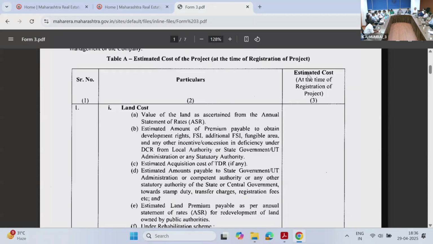Right? In most cases, ASR value and market value, whatever the purchase value, but nobody purchases land nowadays. Maybe in 1,000 cases, one may be buying land and then constructing, and the buying rate is obviously high.